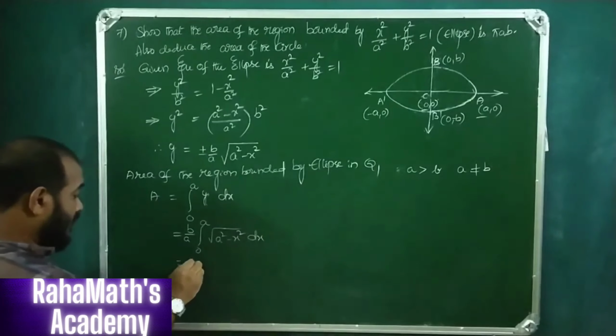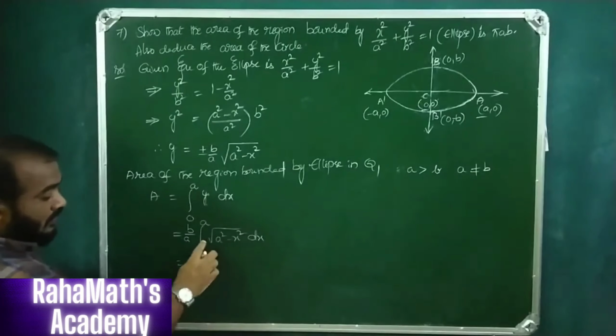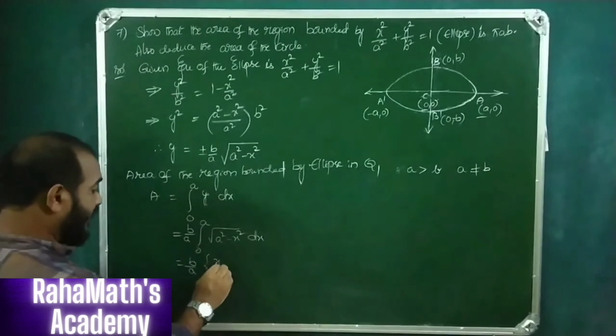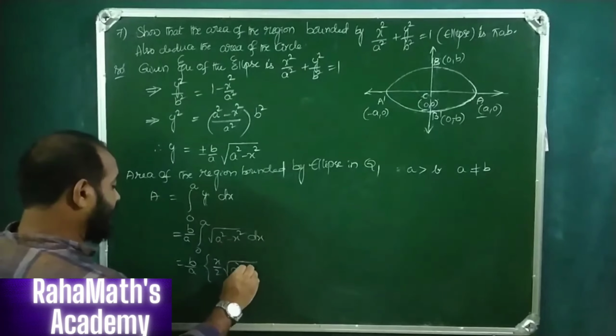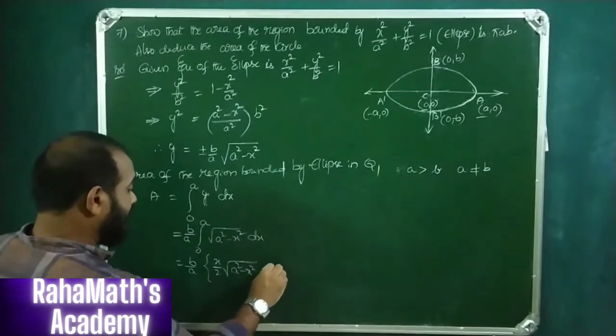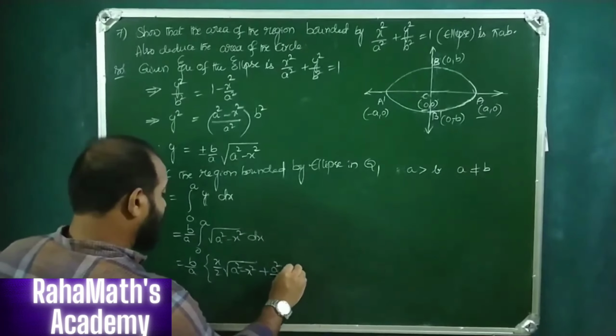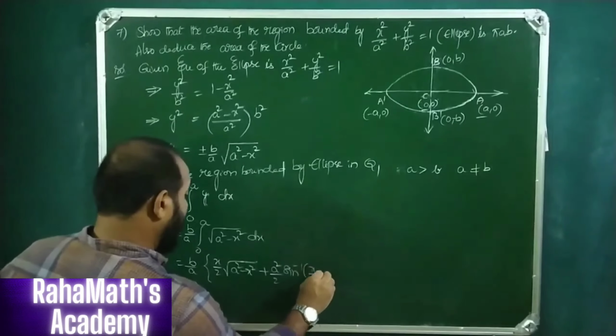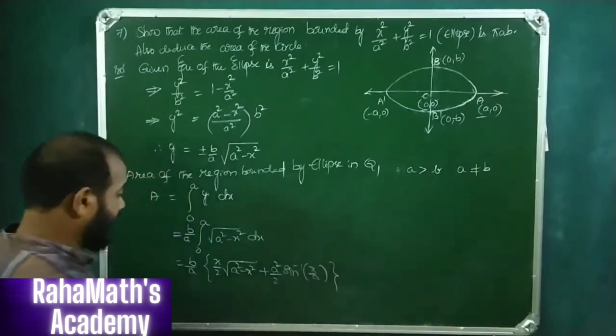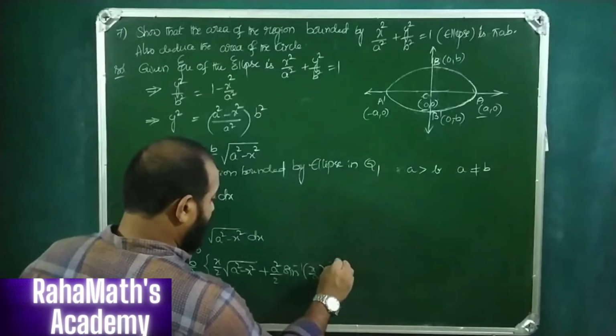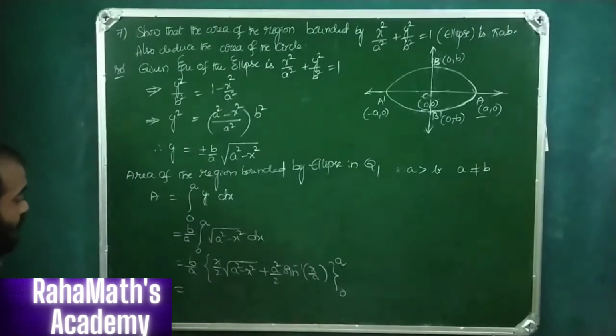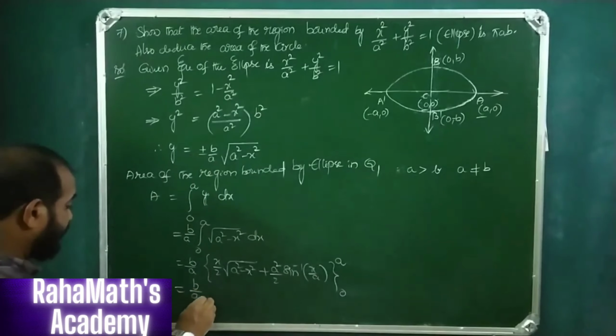So b by a, this integration we know. Integral of root a square minus x square is x by 2 root of a square minus x square plus a square by 2 sine inverse x by a, from 0 to a. This is equal to b by a.